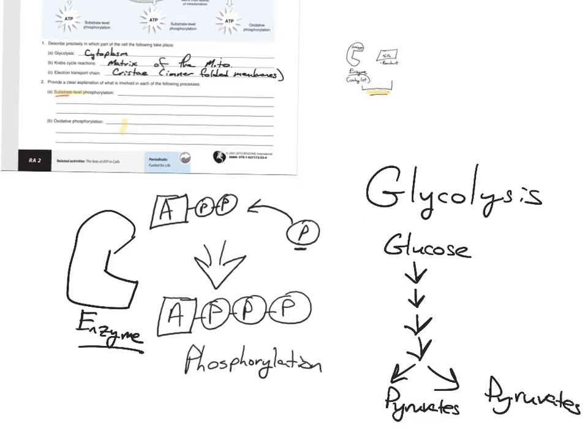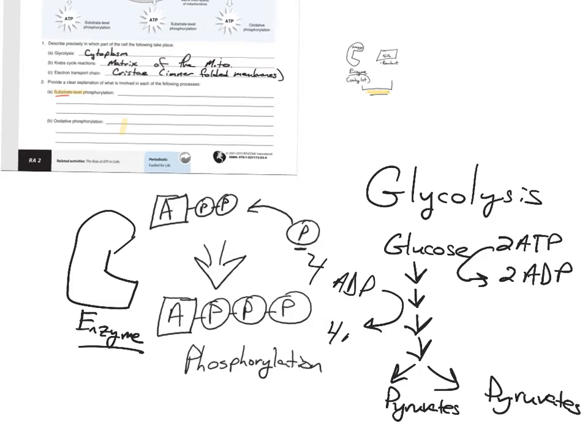And then here we end up using 2 ATPs. You should know this, but you end up making 4 ATPs. So you make a net of 2 ATPs, right?